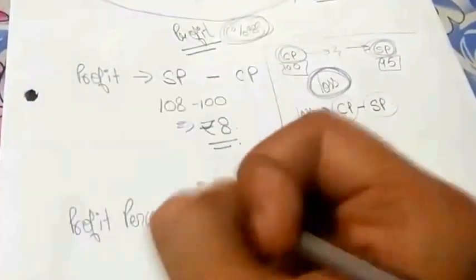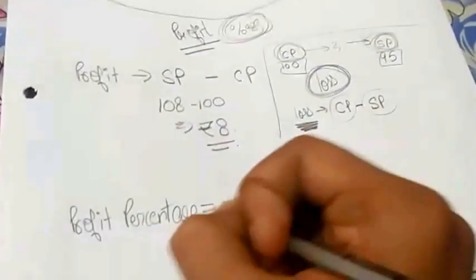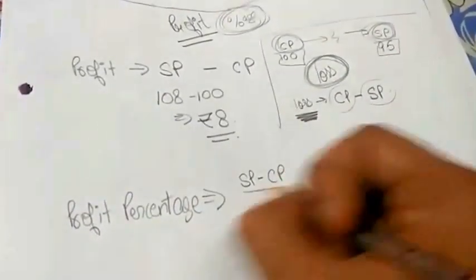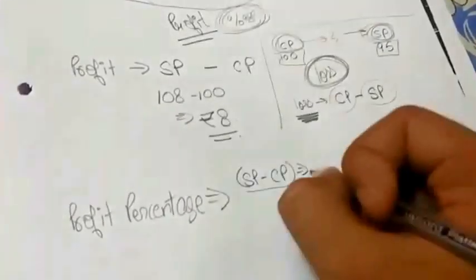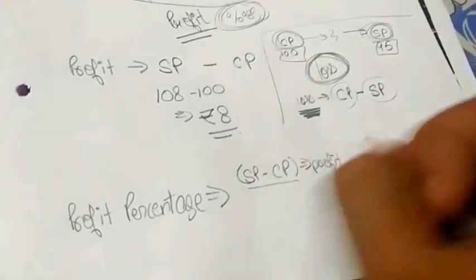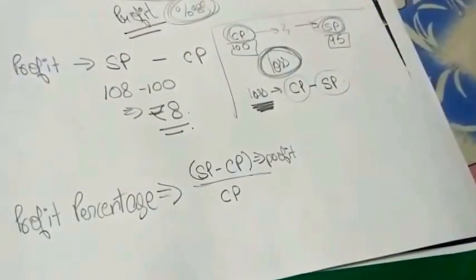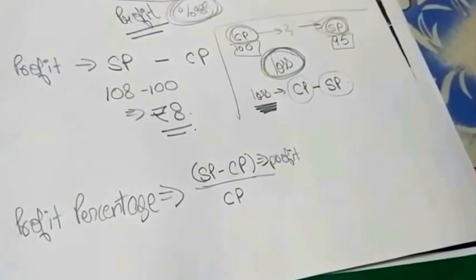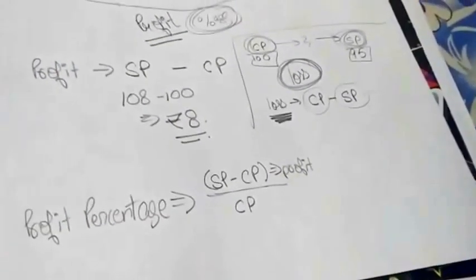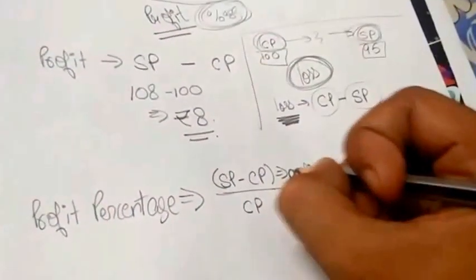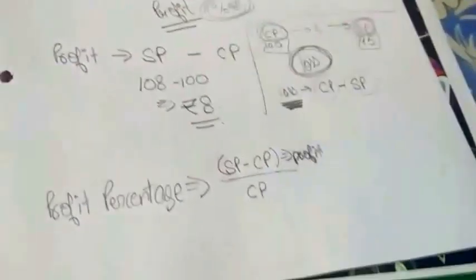The profit percentage would be SP minus CP, this profit, divided by the initial cost price. We'll talk about a way to calculate this easily later, but for the time being, this is how we calculate it: the profit divided by the initial cost price.